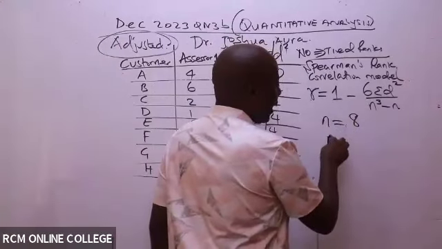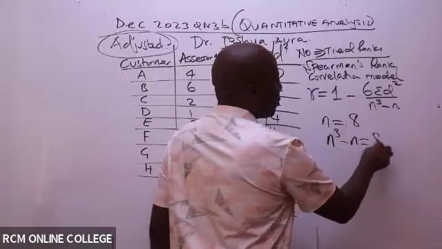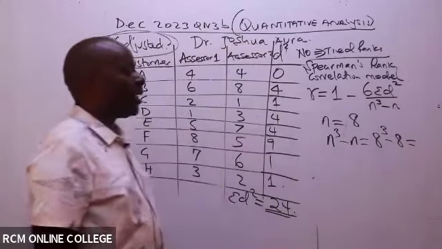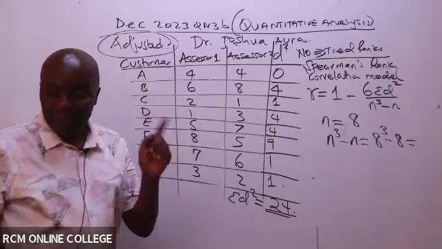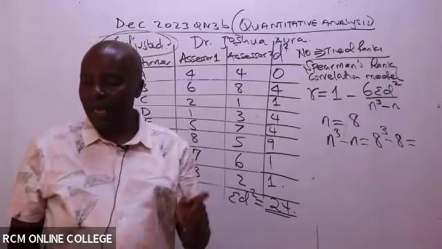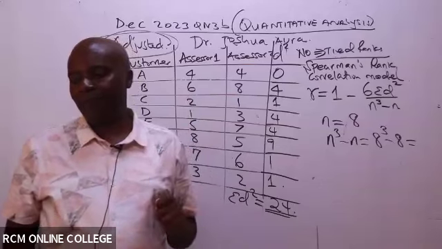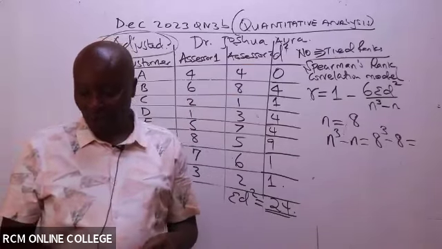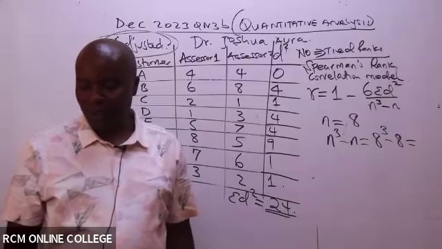So then we have here n cubed minus n. So this will be 8 cubed minus 8. So please ensure that you are punching this in your calculators.